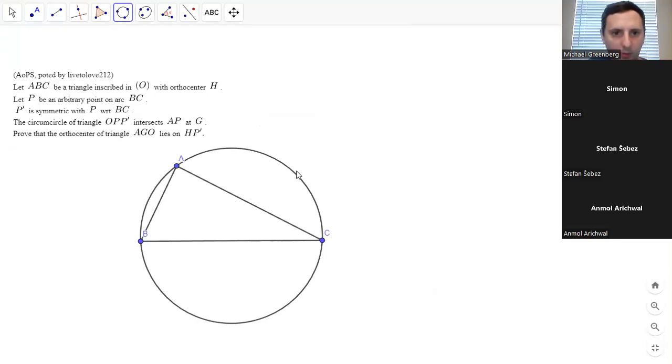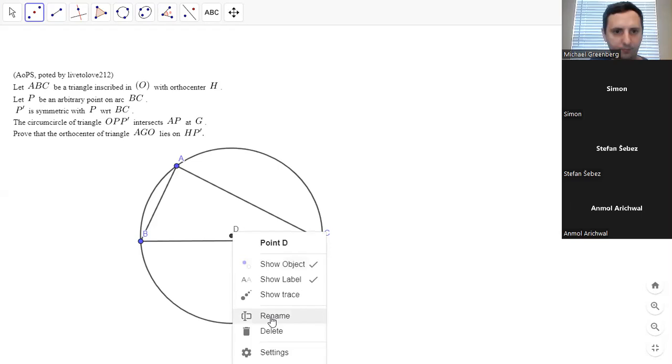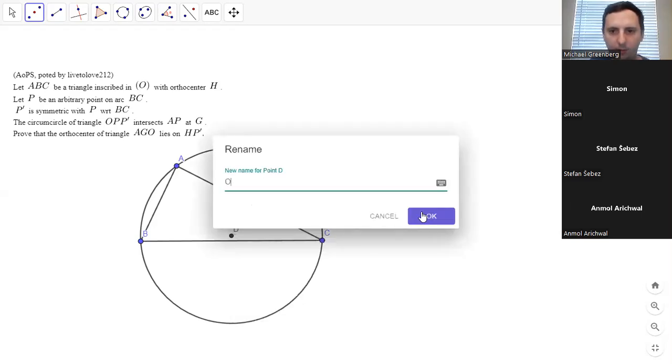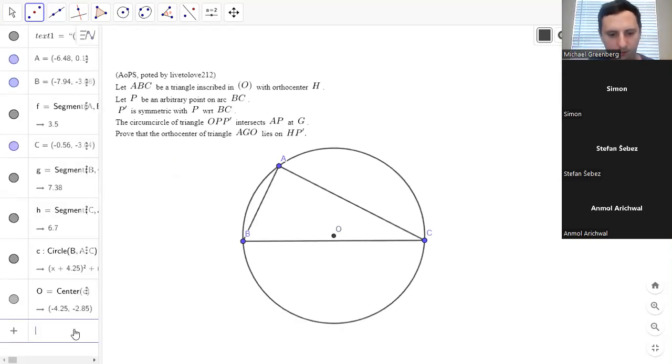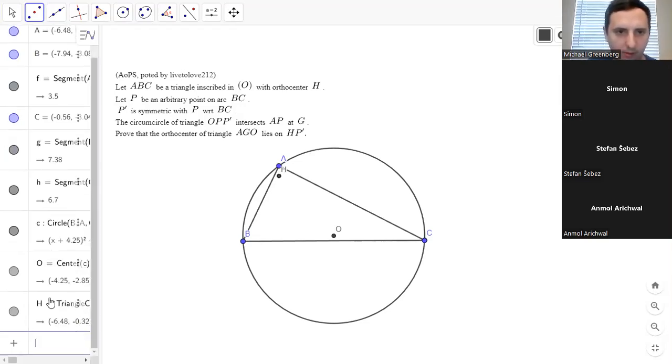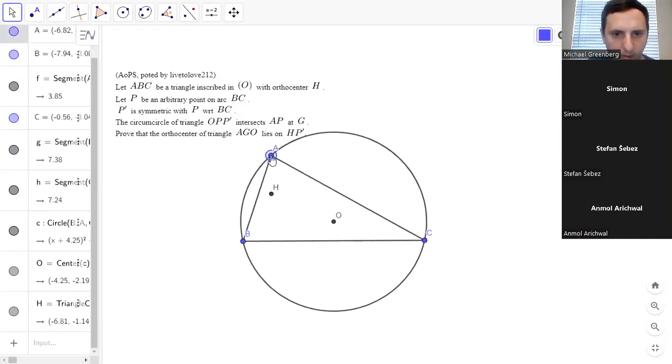So this should be O, and H should be the orthocenter. And P is an arbitrary point on arc BC.